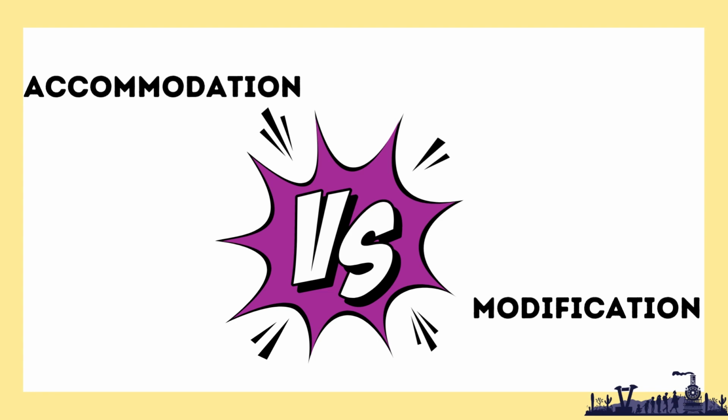For modification, I define that as a teacher decision that will change the output of students' work. So you are changing the rigor of the assignment to meet the students' learning level.